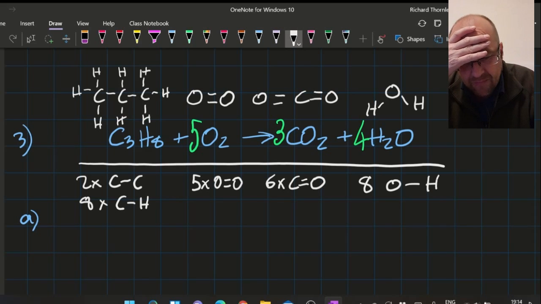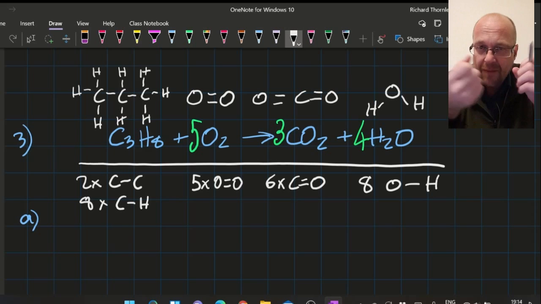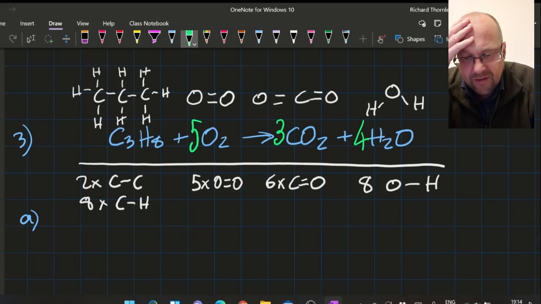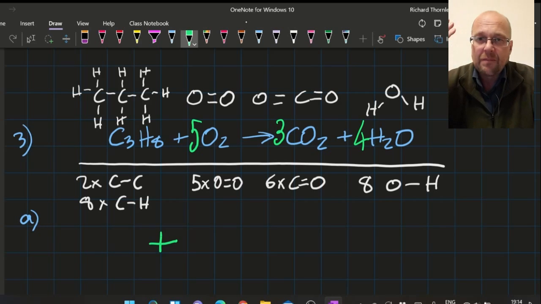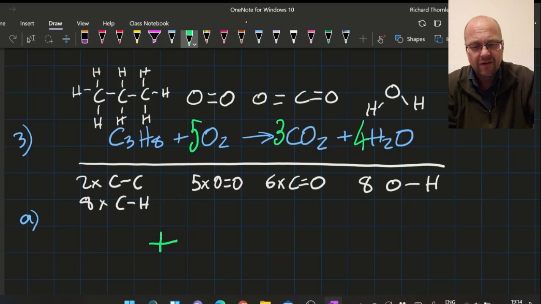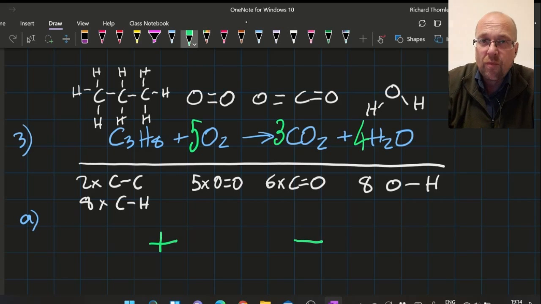So let's put those numbers in. I like to say on the reactant side, you've got to break everything up to make the atoms. So breaking everything up is endothermic. So that's going to give me positive numbers. So these numbers here have to be positive. But when you're making bonds, I remember making bonds is exothermic. I can feel the heat. As I make the bonds, I can feel the heat. So those are going to give you negative numbers. And once you've worked out those numbers, just add them up. Your teacher might do it a different way. Good for them.